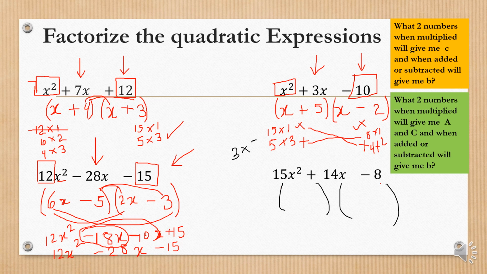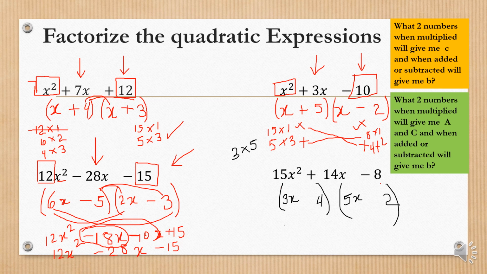I wonder if this would change things. Let's see. So if I have 3x on this side and 5x on this side, and then what am I going to use? Which one are we going to use again? 4 by 2. Let's try 4 by 2. Let's see what we're going to get.